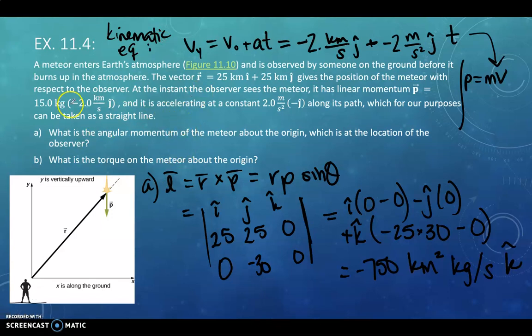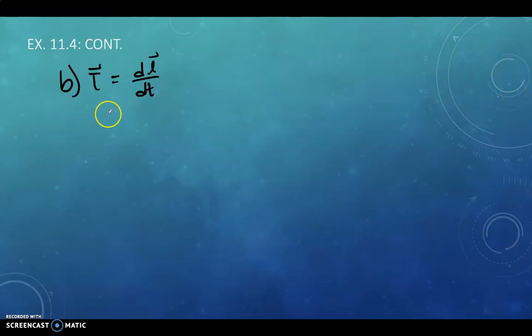All right, let's continue example 11.4 that we were in the middle of. For part B, we are looking at what is the torque on the meteor about the origin. So we need to rewrite our momentum in terms of this velocity here. Let's go ahead and do that.